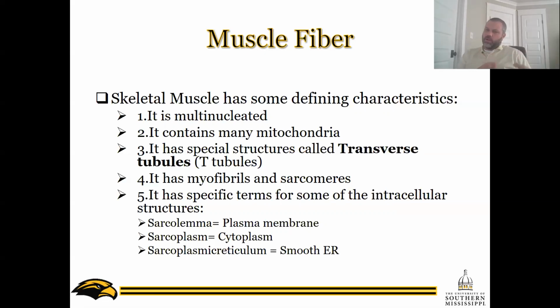So anytime you see sarco, that is just telling you that it is the muscle version of the same thing we would have in other cells. So sarcolemma would be the membrane, sarcoplasm is the same as the cytoplasm, and sarcoplasmic reticulum is the same as the smooth ER in a regular cell, as you've probably learned it through high school and into biology.